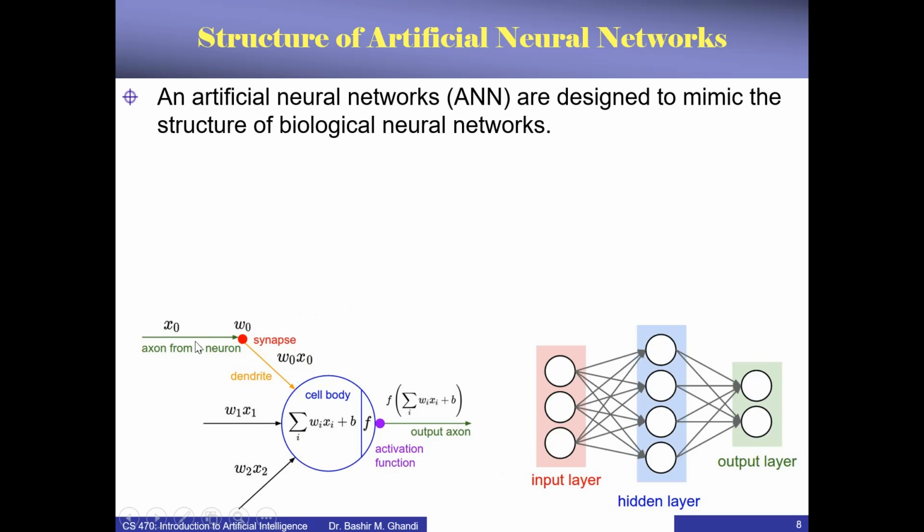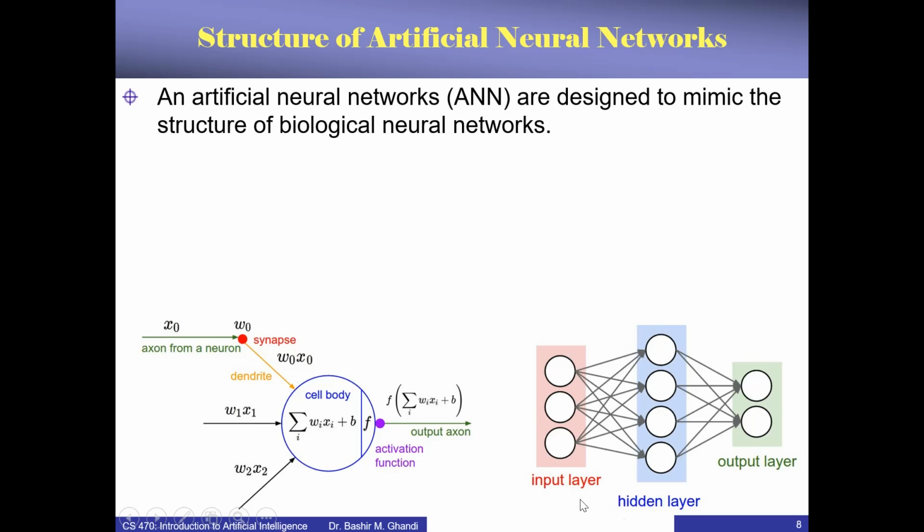On the left here we have the structure of an artificial neuron, and on the right we have a network of such neurons, which are organized into different groups called layers.